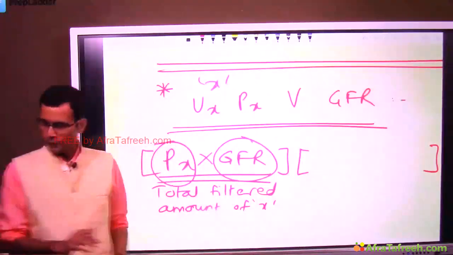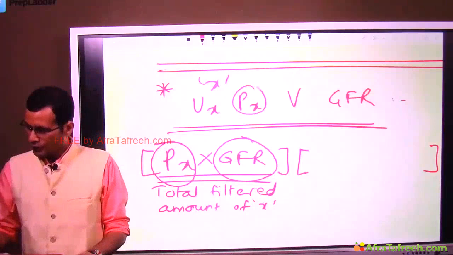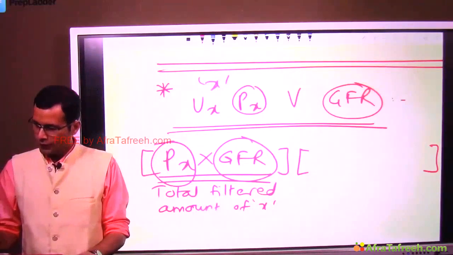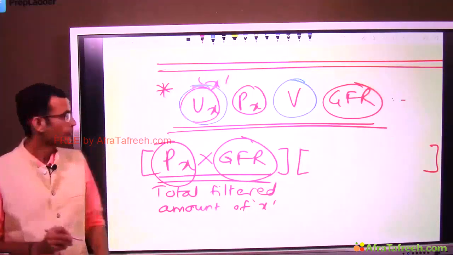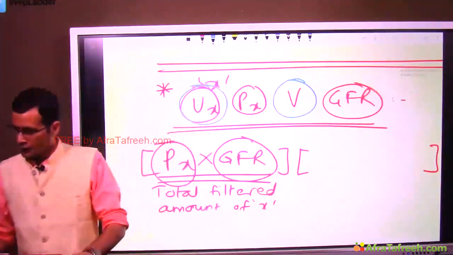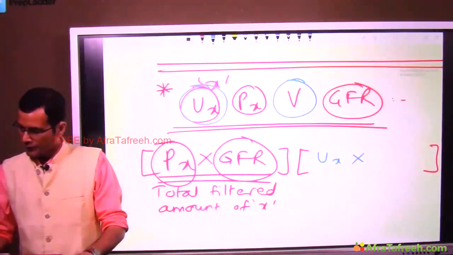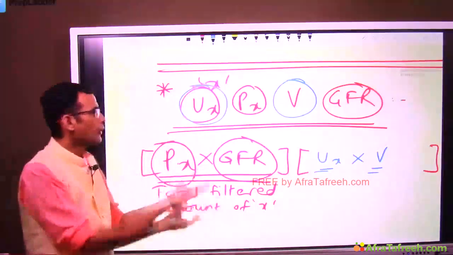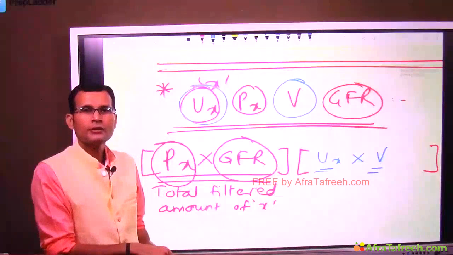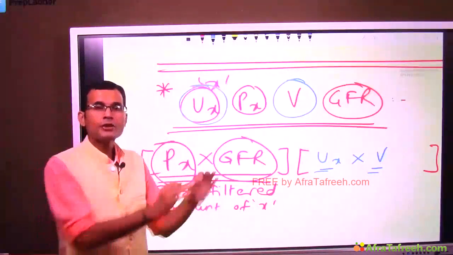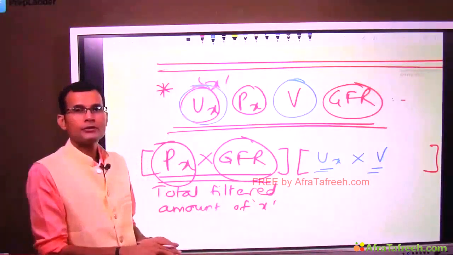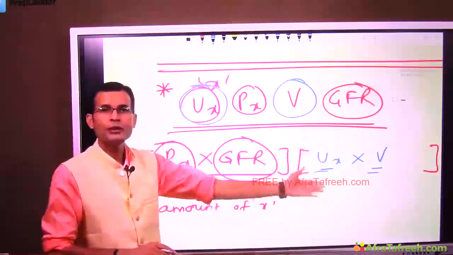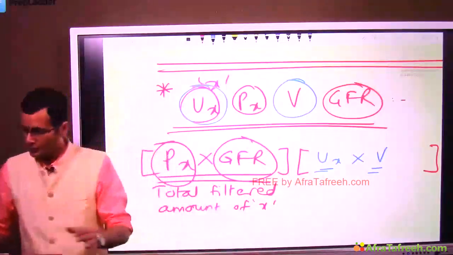Now come to the second bracket. Okay, these two things are gone, we are left with this and this, Ux into V. So let me write it in the second bracket, Ux into V. Come on, now we have done it a number of times. What is Ux into V? Total excretion rate of that substance will be Ux into V, total excreted amount.